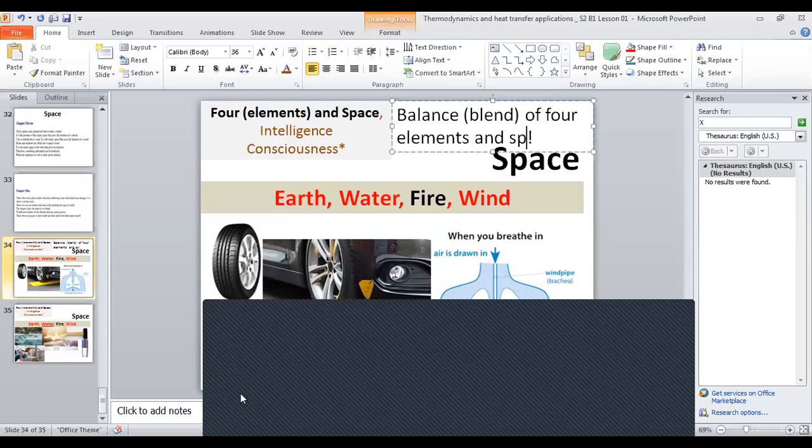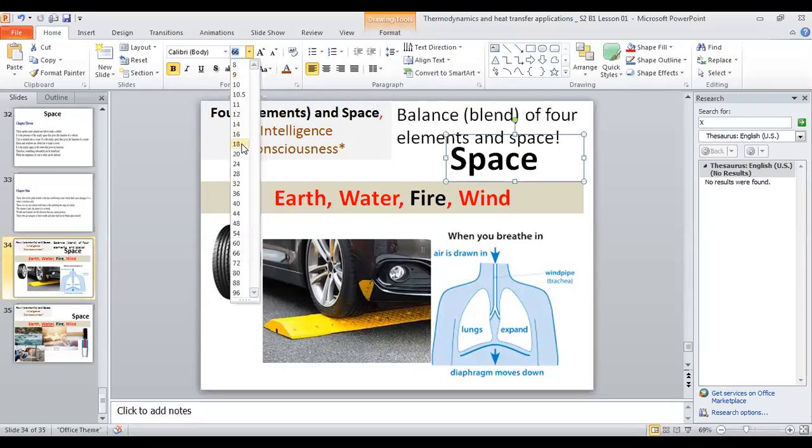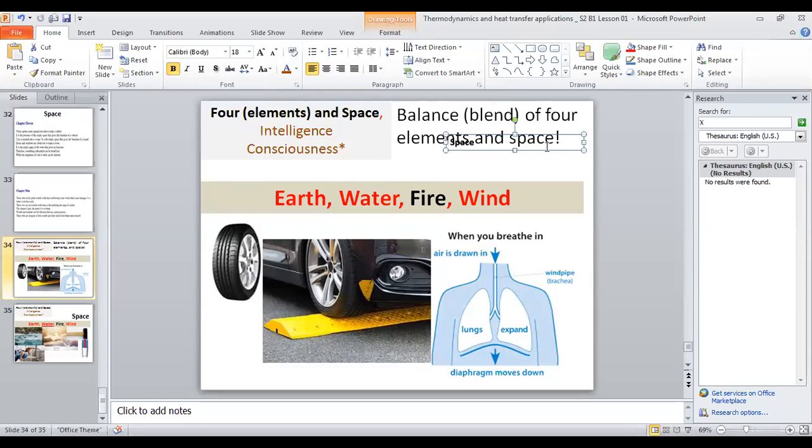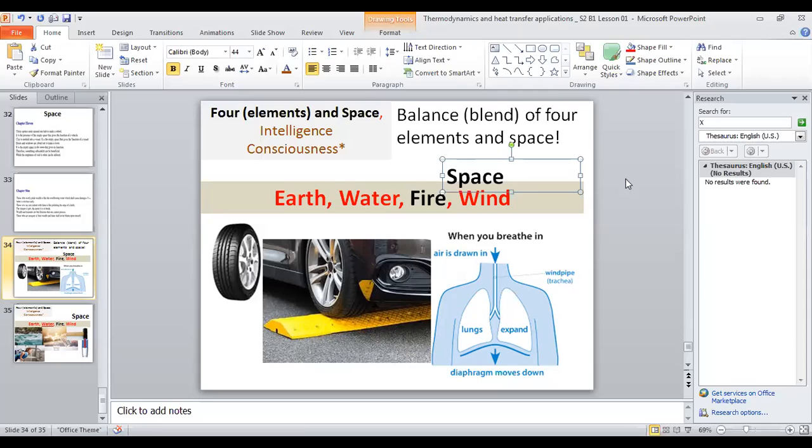So this is what we call providing the solution. Even in a tire design, you are balancing those. Stretchability is there in the tire. So these are the properties. Somehow, balancing of the four elements and space. When you do the technology, some reviews of the solutions and all, you can think in this way.